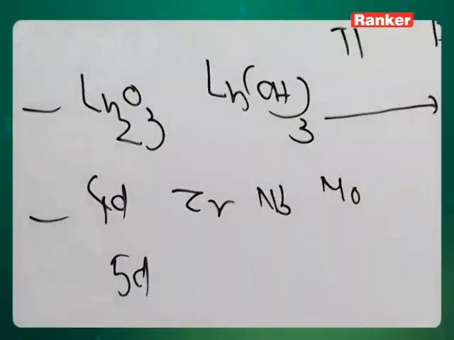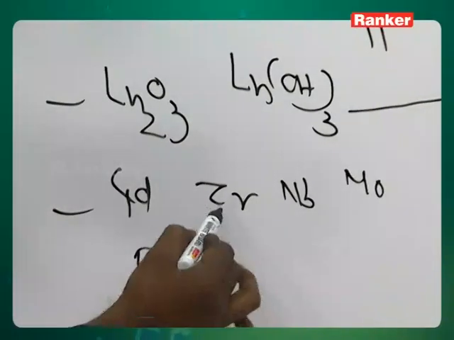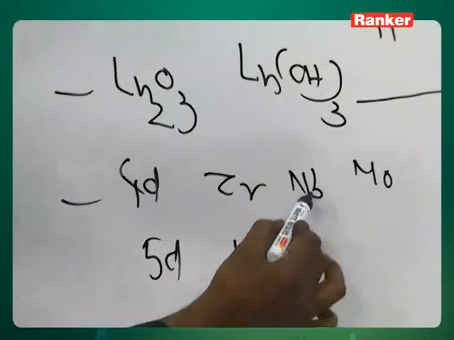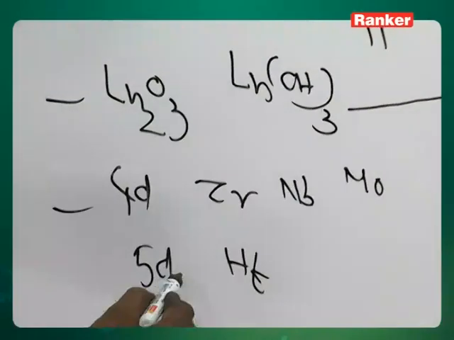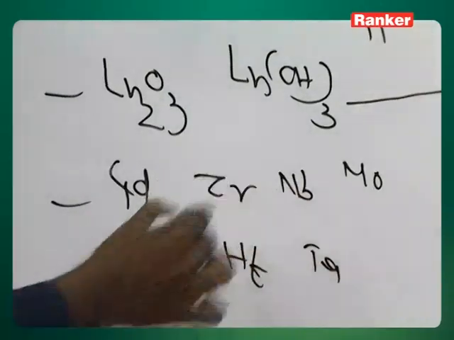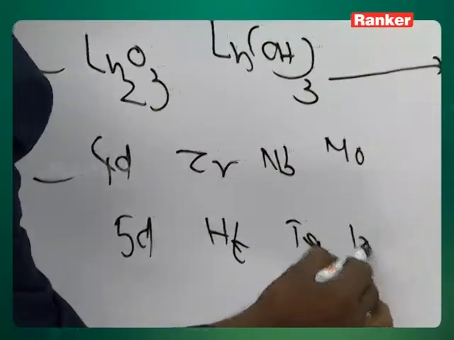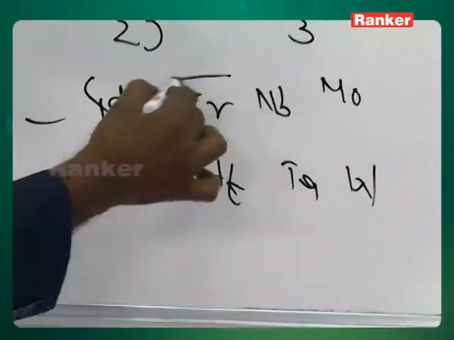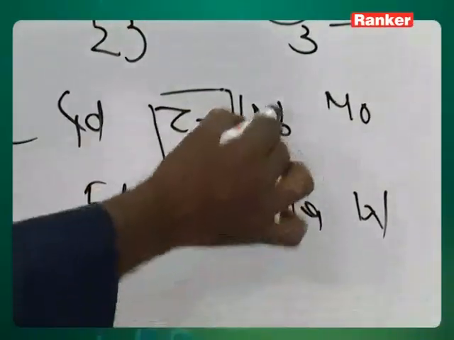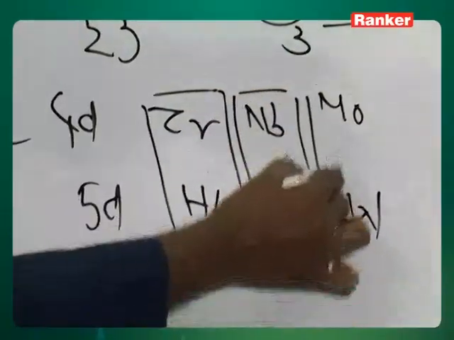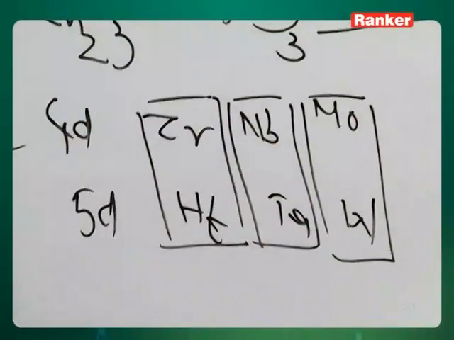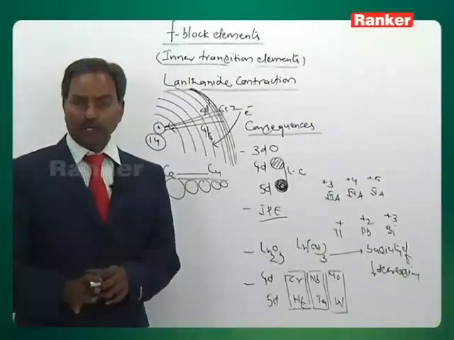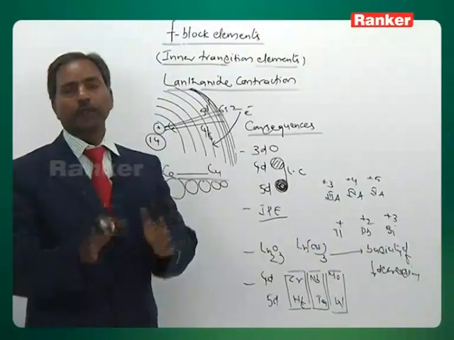Next come to 5d: hafnium, tantalum, and you can also consider tungsten. These 4d and 5d elements have more or less the same size. Once the atomic size is more or less the same, most of the 4d and 5d elements show similarities in their properties.